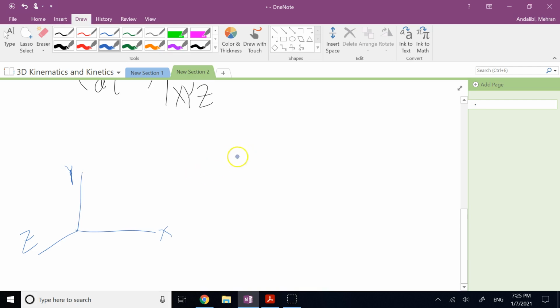And here in this frame, small x, small y, small z, which is a frame that is rotating, I have some vector A from this point to this point, which has a constant magnitude, 2 units, 3 units, and so on. And this moving frame is rotating with respect to the primary inertial frame with angular velocity omega.